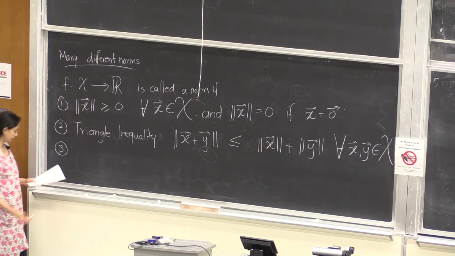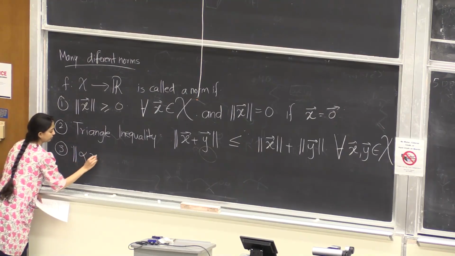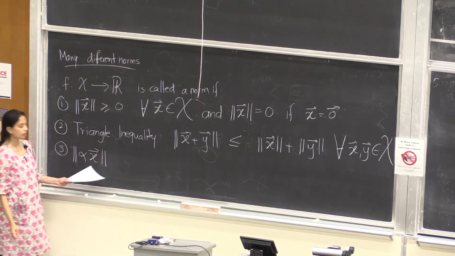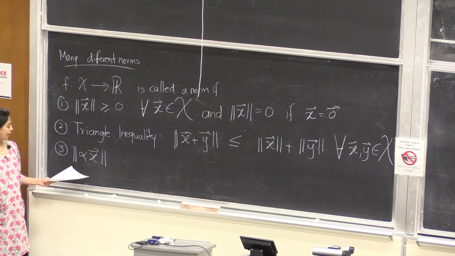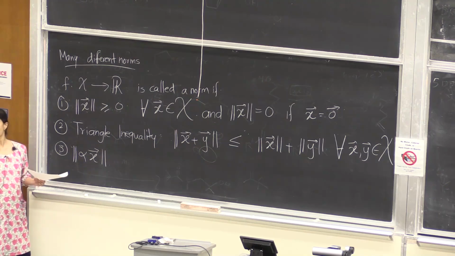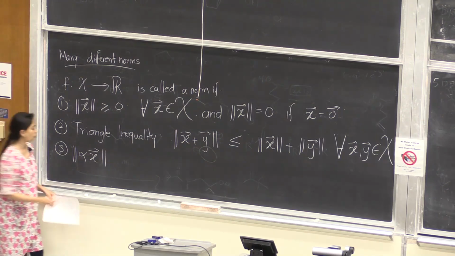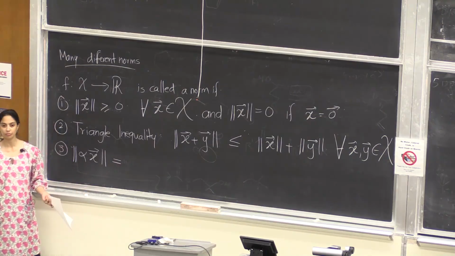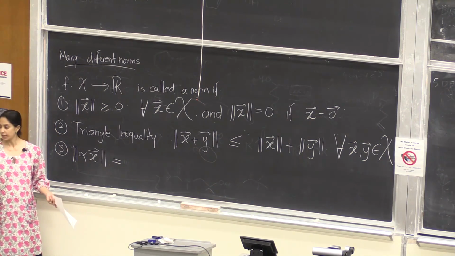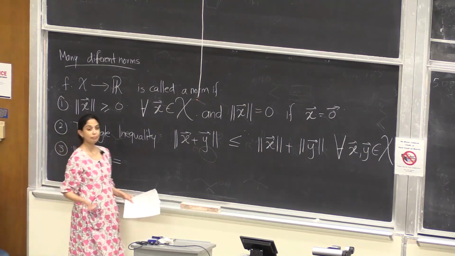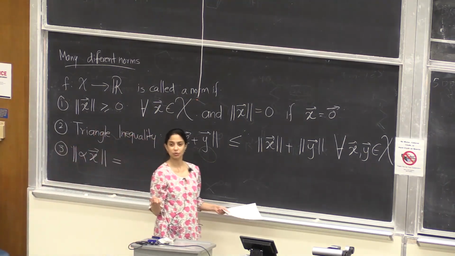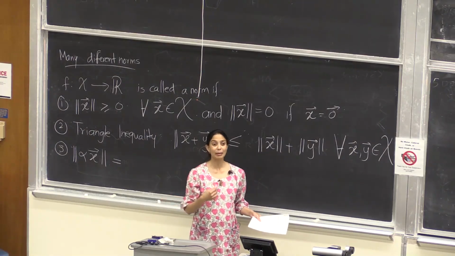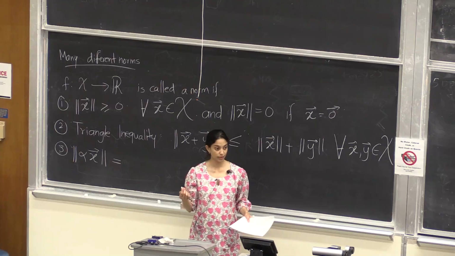And the third property of norms, if I have some scalar, if I take some alpha that is a real number and I scale my vector by that alpha, what happens to the norm? If I take 2 times the vector, what should happen to the norm? Scale by 2. What if I take minus 2 times the vector? What should happen to the norm? Scale by the absolute value of minus 2, right?